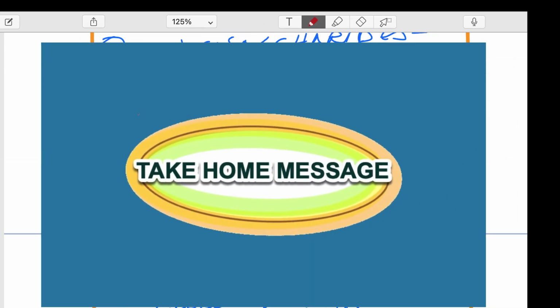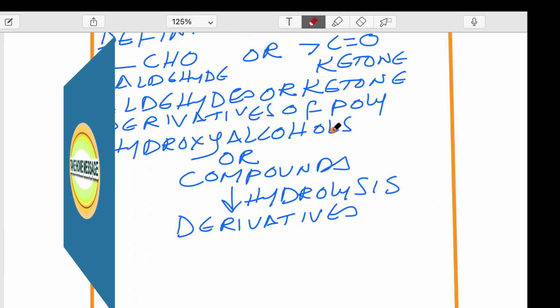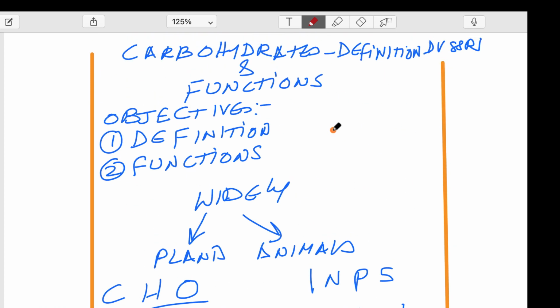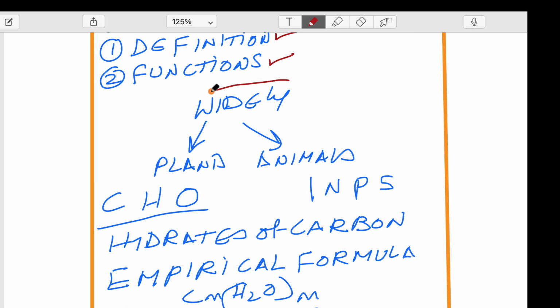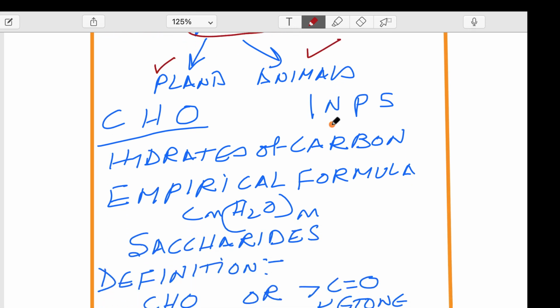In this session, we have taken up definition and functions. The objective is that at the end of the session, the learner shall be able to define carbohydrates and describe various functions. Carbohydrates are widely present in nature, in plants, animals, and many organisms.